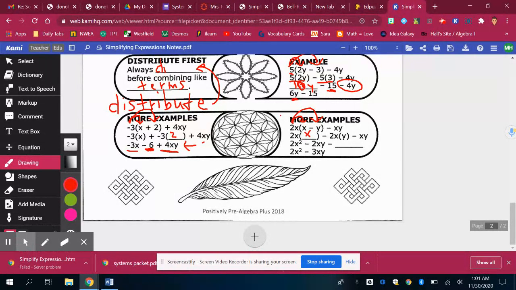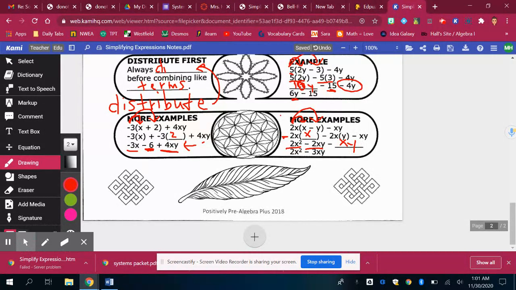They did this extra step that I'm not used to. 2x times x is 2x squared. And negative 2x times y is negative 2xy. And we're going to bring down this xy right here.